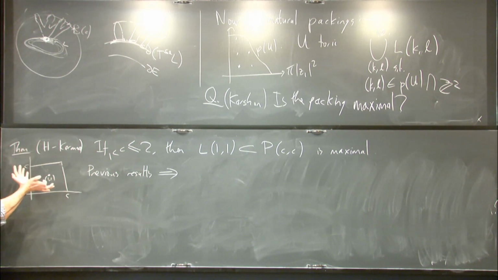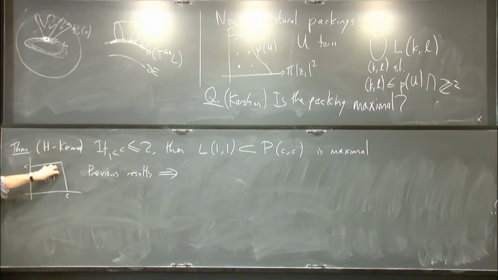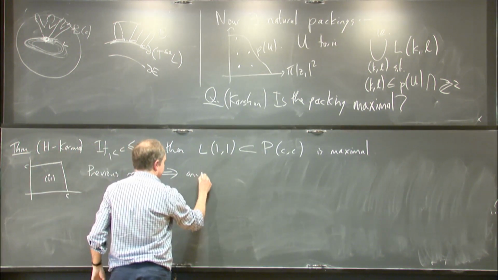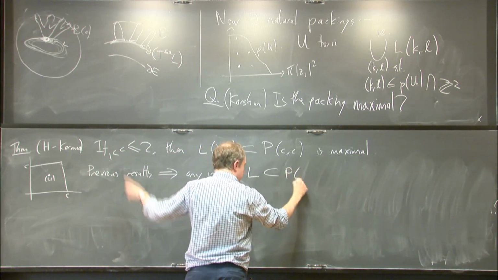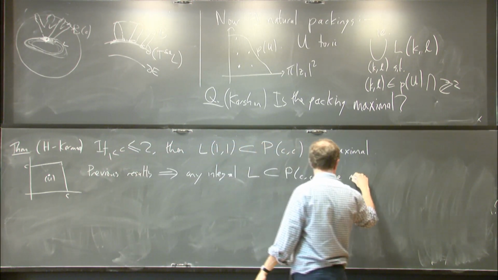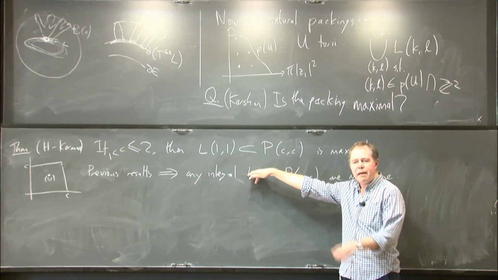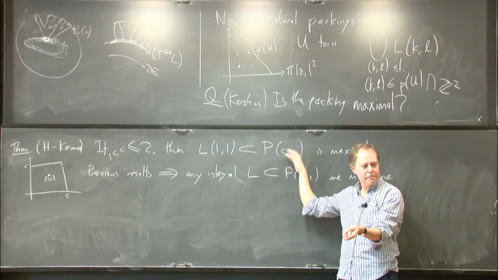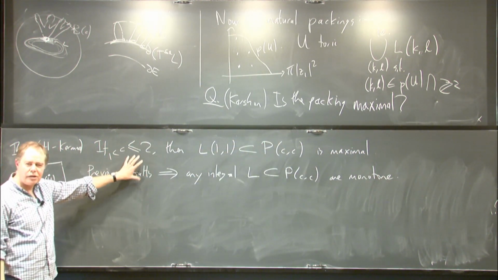The same kind of analysis says that if there is an integral Lagrangian torus in here, it has to be monotone. So in fact, any integral Lagrangian torus in such P(c,c) is monotone. In particular, there's no Hamiltonian embedding that takes L(1,2) inside this thing. So this is purely about monotone Lagrangian tori.